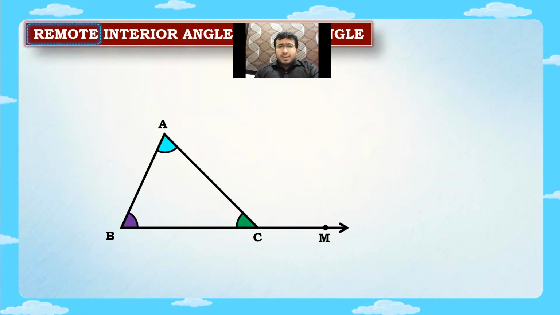Now students, can anyone tell me what you mean by the word remote? Yes, super. Remote means far away. So students, we know that angle ACM is an exterior angle.